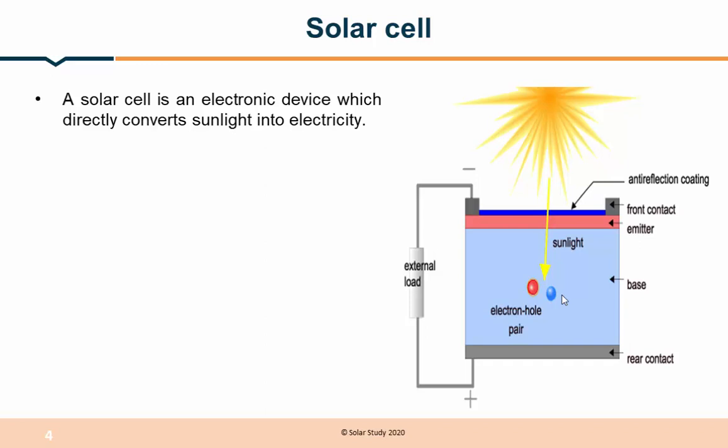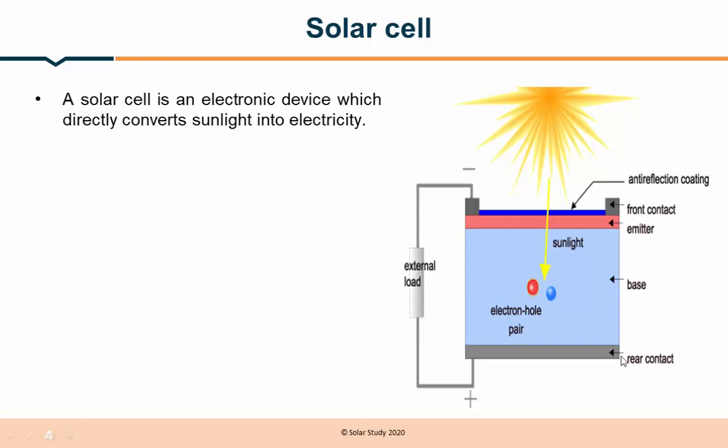But for a solar cell we have to do some modification, because you can't make a direct contact to the P and N type. So what is required? Here is the base containing P and N type, then there will be an emitter for the light, then there will be a contact.